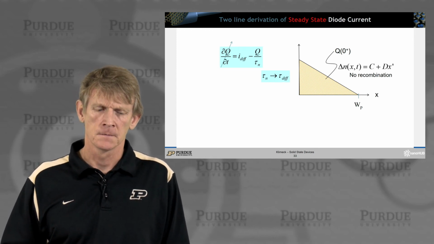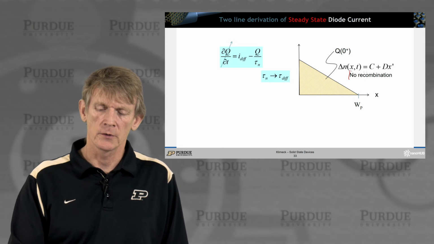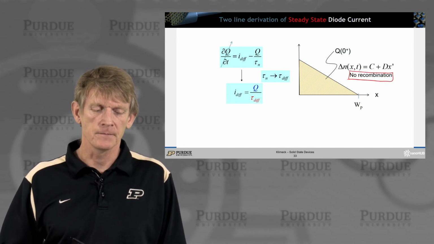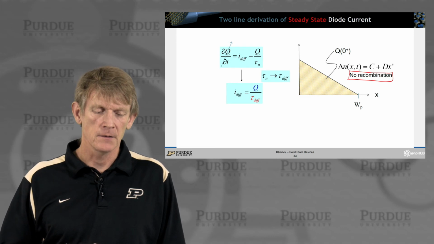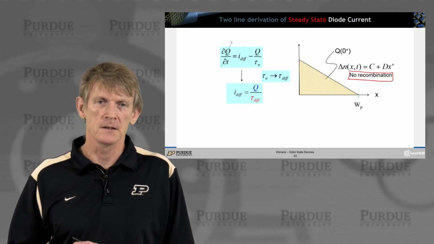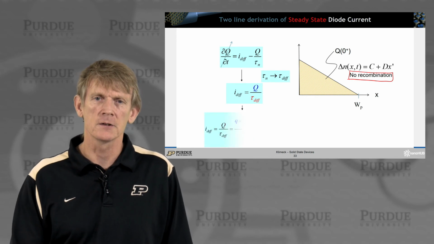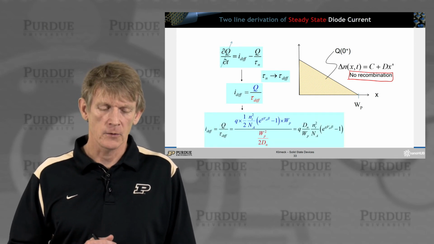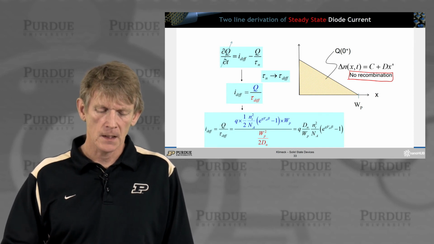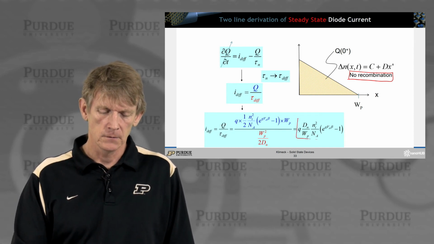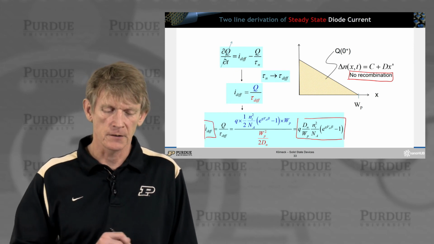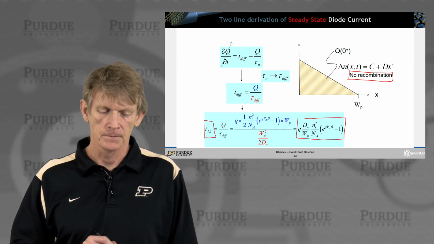Again, we assume no recombination. Let's plug this in. That means at steady state, the diffusion current is the total charge in the system divided by the diffusion time. We have expressions for all of these items now, and voila, we come up with an expression for the diffusion current like this.